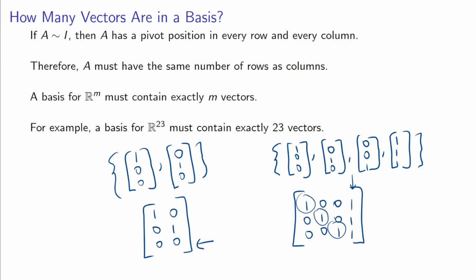Our fourth column here does not have a pivot, so these vectors are not linearly independent and cannot form a basis for R3, even though they span all of R3. So we do need a pivot in every row and column, and therefore the same number of rows as columns. So for R3, we're going to need exactly 3 vectors.